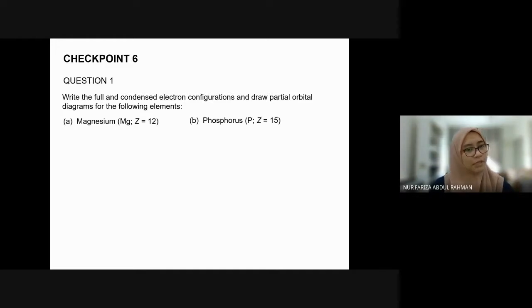Okay, I give you 2 minutes. Please complete this checkpoint now. Three minutes. So there are 3 things that you have to address in this question: write the full and condensed electron configuration, and also draw the partial orbital diagram for the following elements.